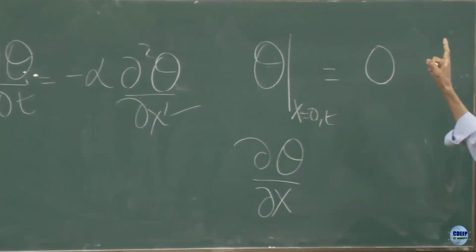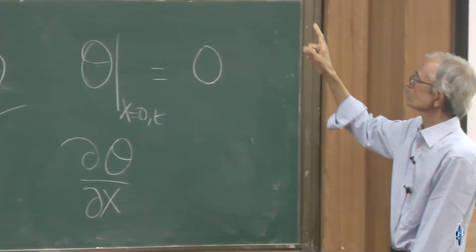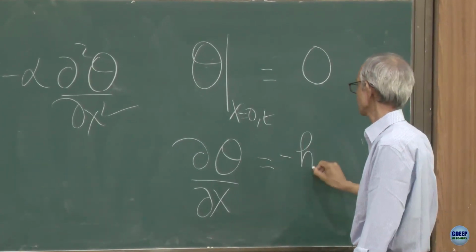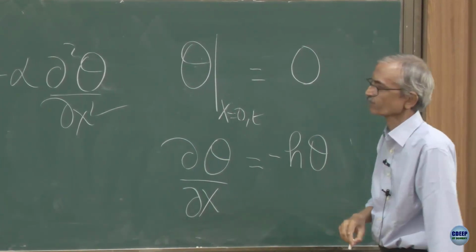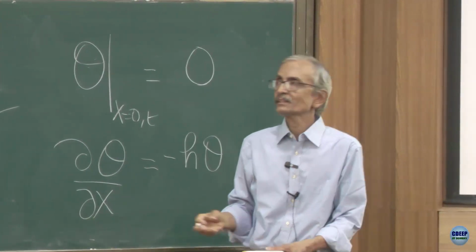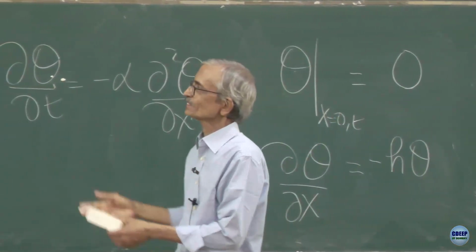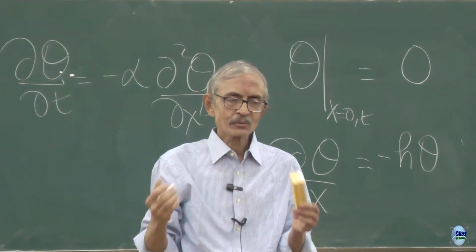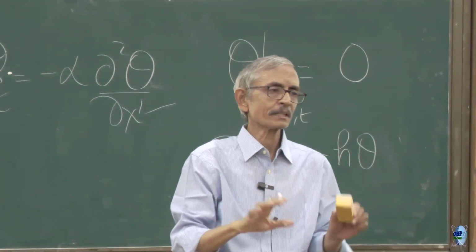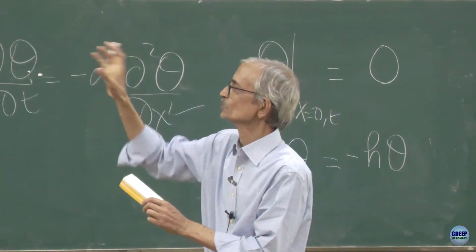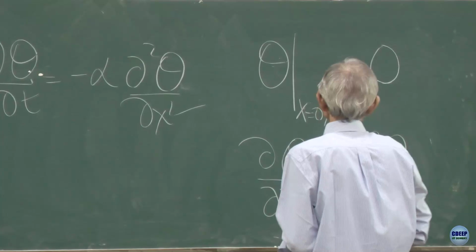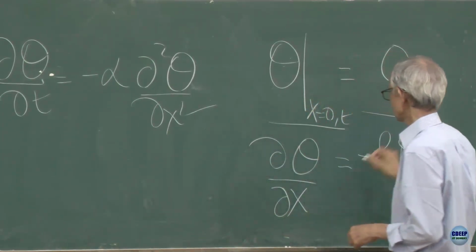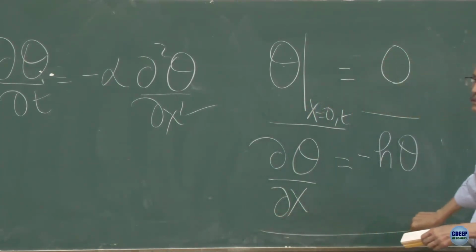So del theta del x is del u del x, and it is equal to minus h theta. Now you may ask, what happens if this second term did not have u naught but a u1? We're going to relax that as we move along, but as of now, let us just say that the two u naughts were the same. So I've got theta at x equal to 0 for all t equal to 0. Is this homogeneous?